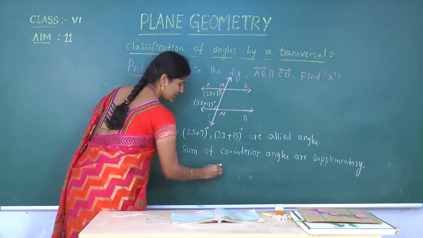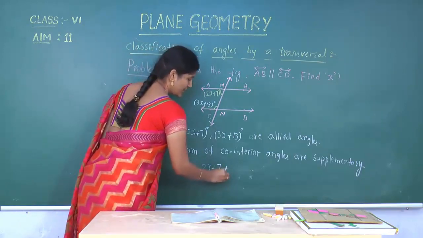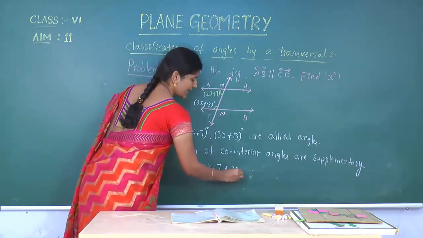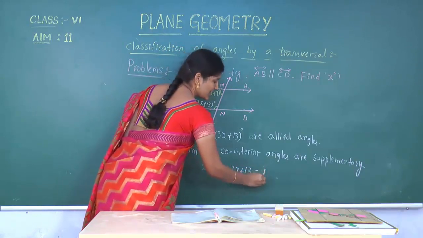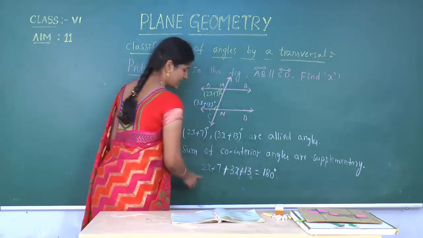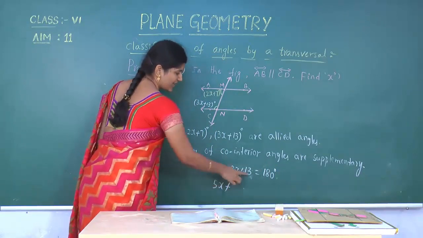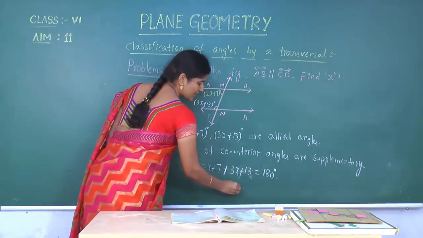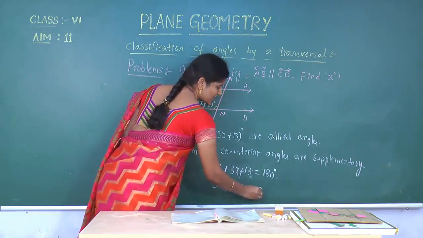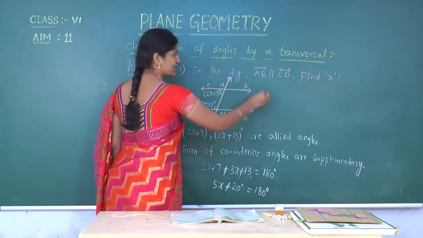2x plus 7 plus 3x plus 13 is equal to 180 degrees. 2x plus 3x gives 5x, plus 13 plus 7 gives 20 degrees, which is equal to 180 degrees.